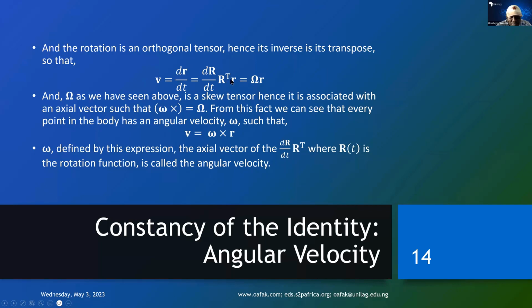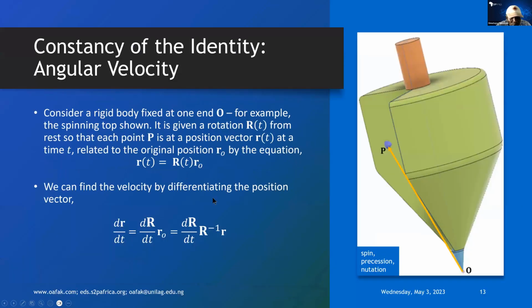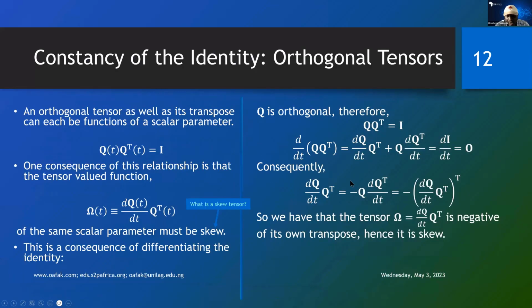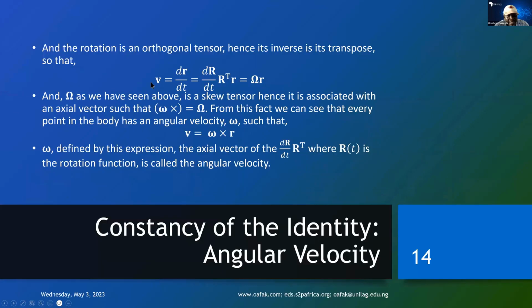And which therefore is this omega R. Remember the omega, we defined omega before as simply the tensor obtained by this quantity, dQ dt of Q transpose. That is the definition of omega. So if that is the case, you now have that V is equal to omega R.